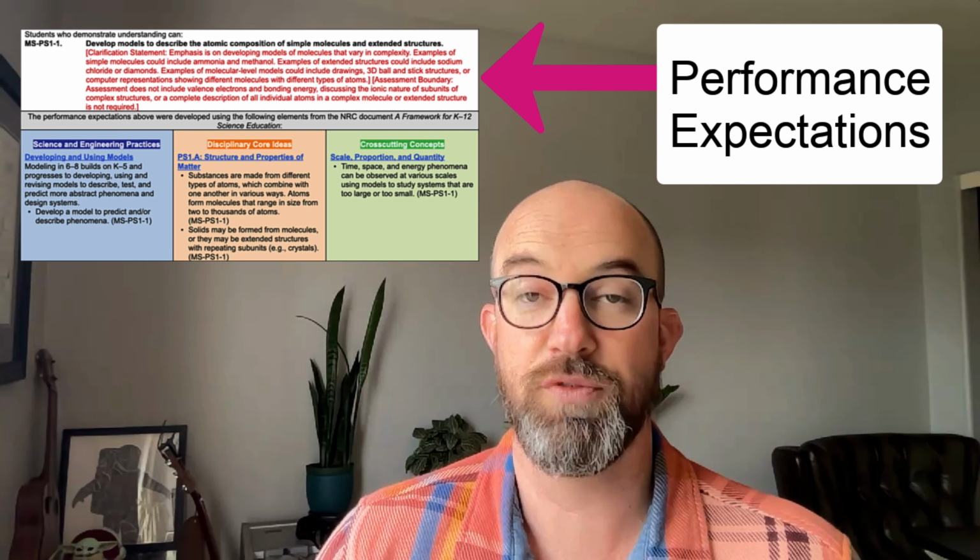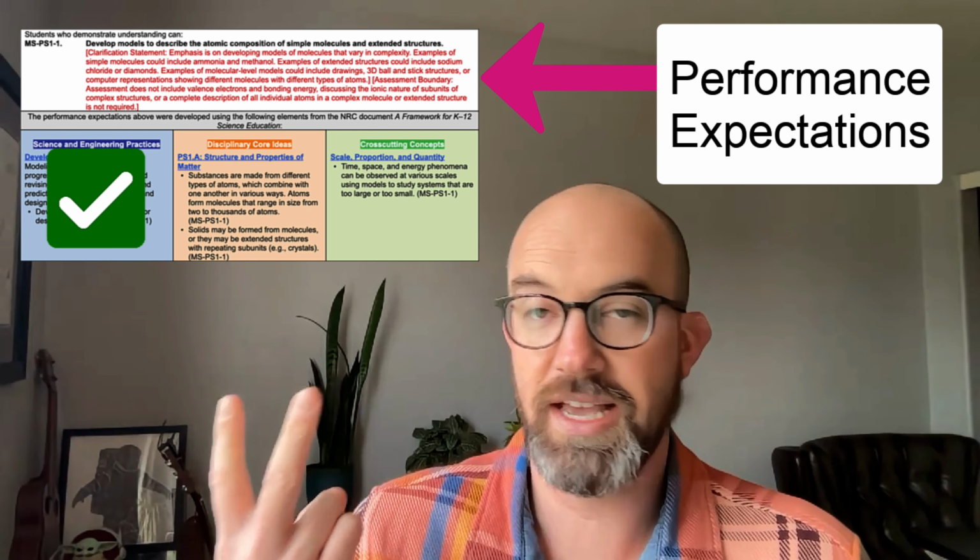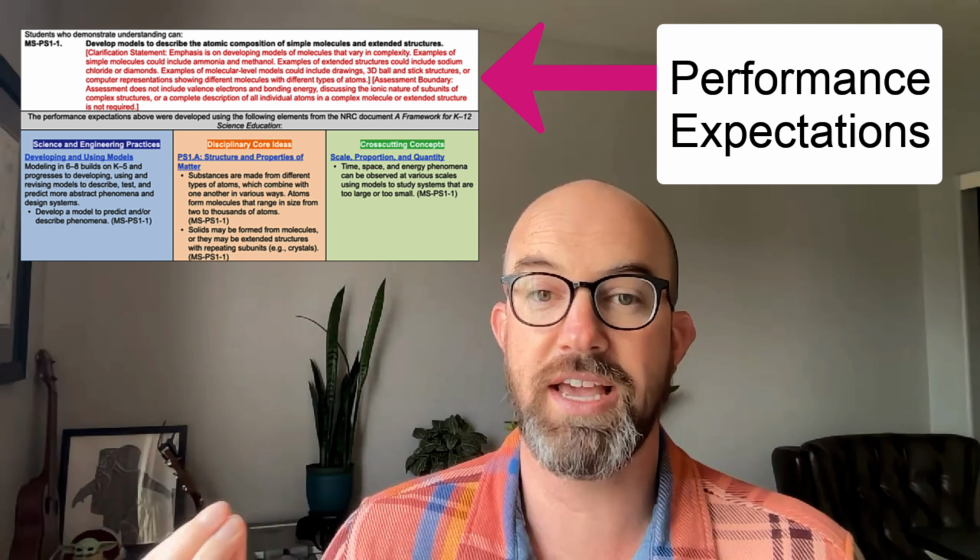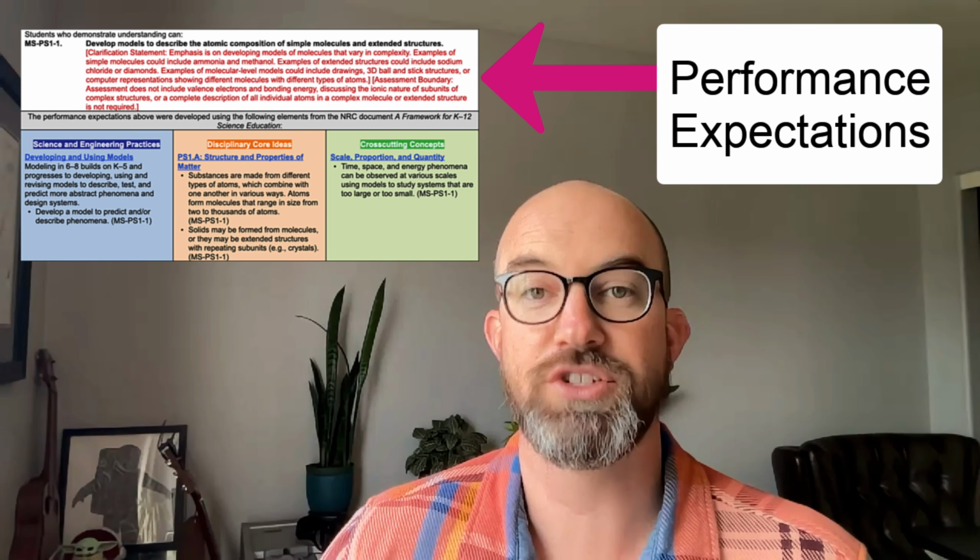When these three dimensions come together, they give students a more authentic experience in science by having them apply the knowledge of the disciplinary core ideas through the SEPs, the science and engineering practices, and the cross-cutting concepts, or the CCCs. You'll see these three dimensions come together as performance expectations. The DCI, the SEP, and the cross-cutting concept are brought together to create these performances that students work towards.